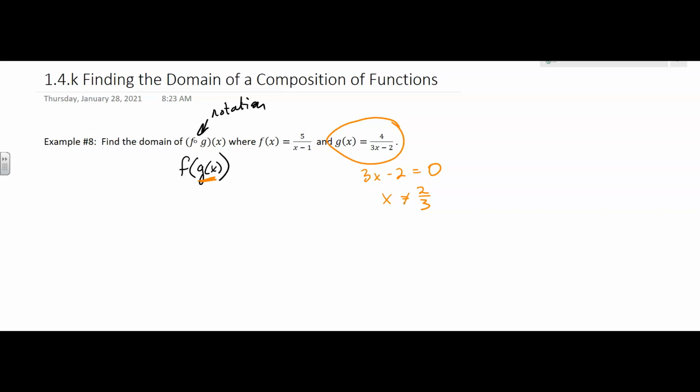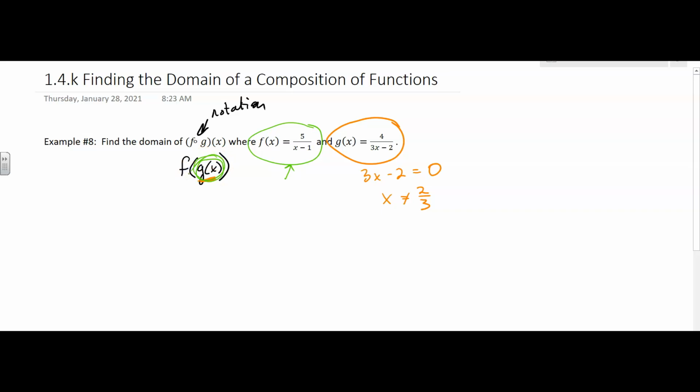Okay, now we're going to go to the f function, and we're going to look at that. So we know that x can't be 1, right? But it's not x that can't be 1, it's g of x, because g of x is what's going to go in, right?